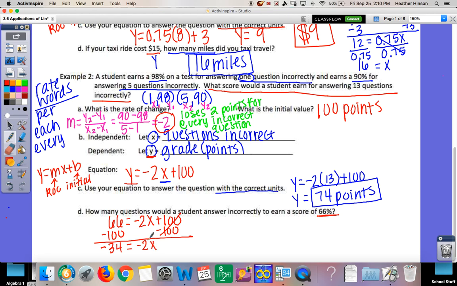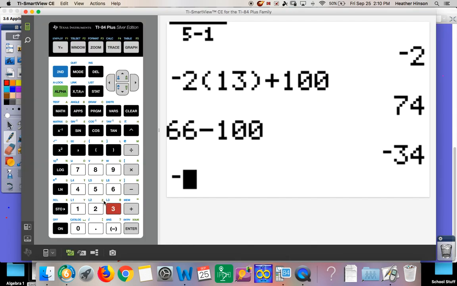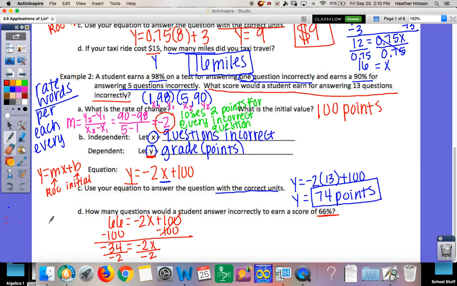This is -2 times x, so what's the opposite of multiplication? Division. So we divide by 2. So -34 divided by -2, we get 17 as our answer. But again, we have to answer it with correct units. What is 17? What is the question asking for?